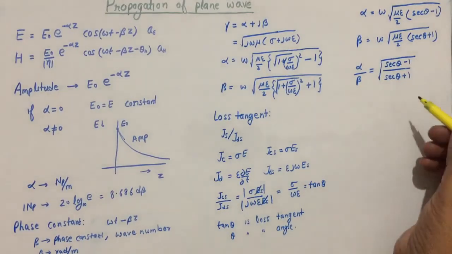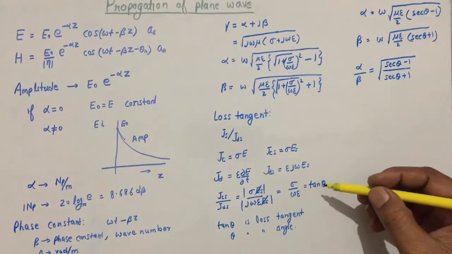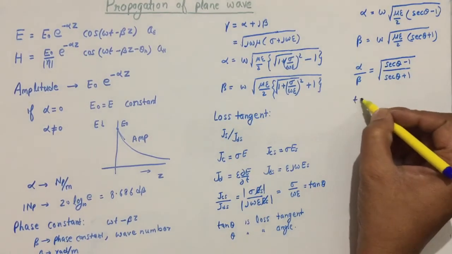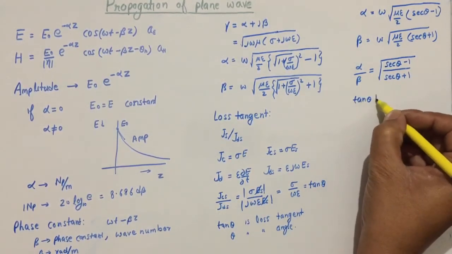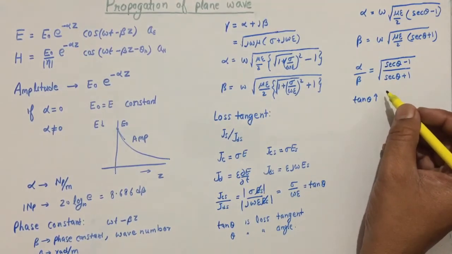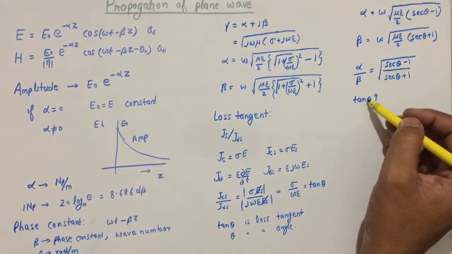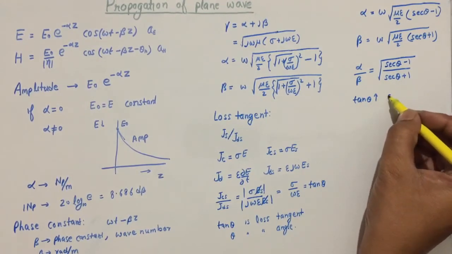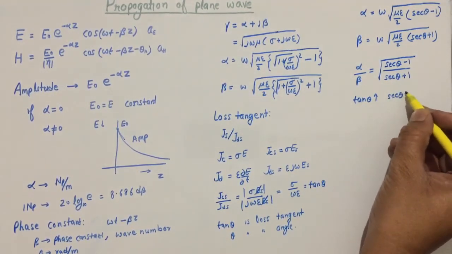From here we can say that if tan theta is higher, it means loss tangent is high, then sin by cos, sec theta will be high.